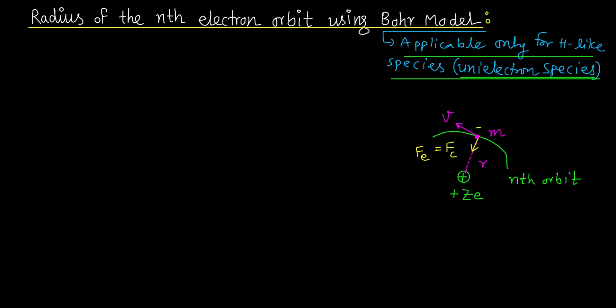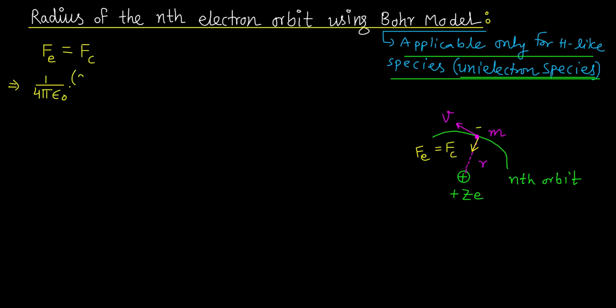So the derivation of this nth orbit electron radius starts from this step only, that we will put the electrostatic force of attraction equal to the centripetal force. And how much will be the electrostatic force of attraction here? If you remember Coulomb's law, it says the electrostatic force of attraction between two charges q1 and q2 separated by distance r is 1 upon 4 pi epsilon naught q1 q2 divided by r square.